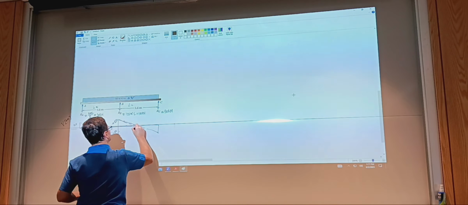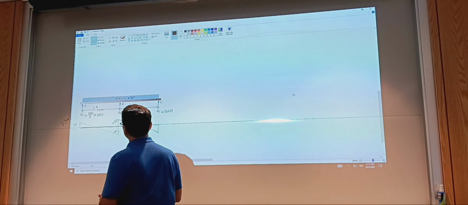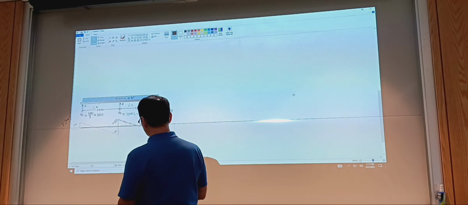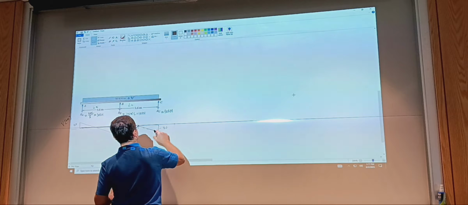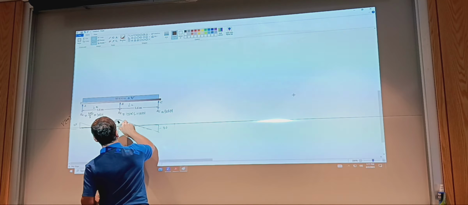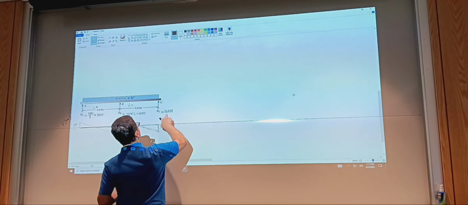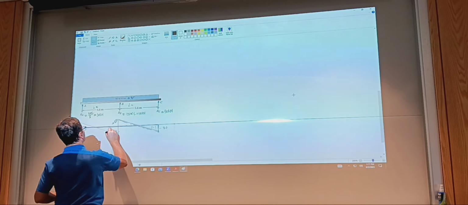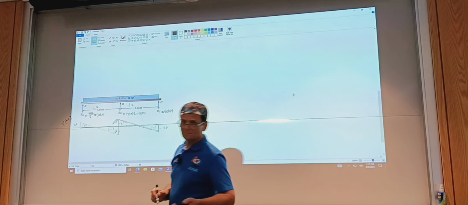And so I have plus 50, and then negative the same area, 50 times 1.6, and this is negative 30. And of course, right after point C where there's no load, the reaction at C intervenes and the diagram closes to 0.